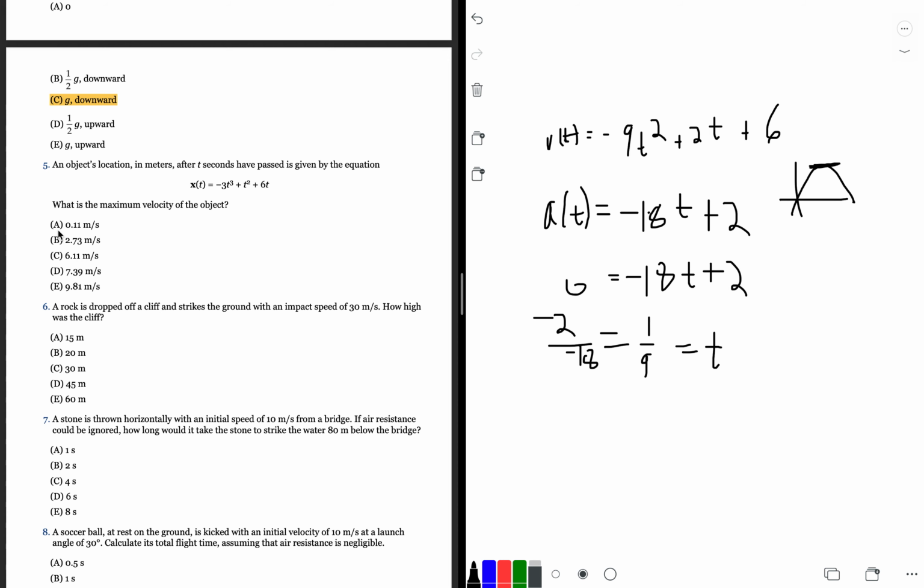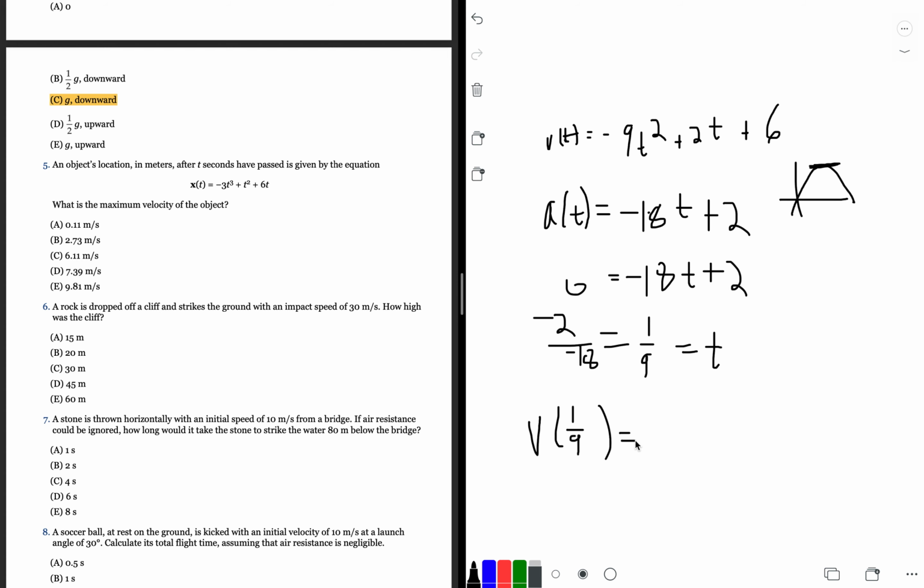And it's not, but be careful. Don't choose A. That's the time in seconds. You want the velocity. So if you want the velocity at 1/9 seconds, which is, maybe I should have brought a calculator.